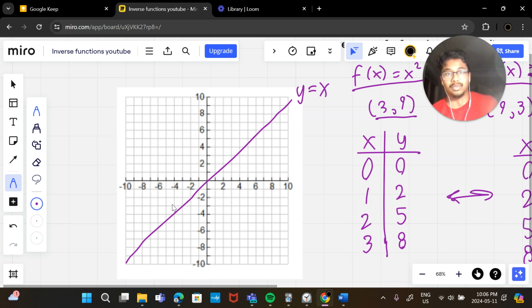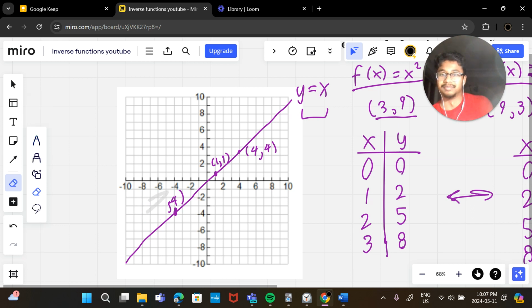That's a relationship in itself, right? That basically just means this is the point 1 comma 1, and this is 4 comma 4. I know this line isn't super great, but it's supposed to be like that. You get the idea, right?